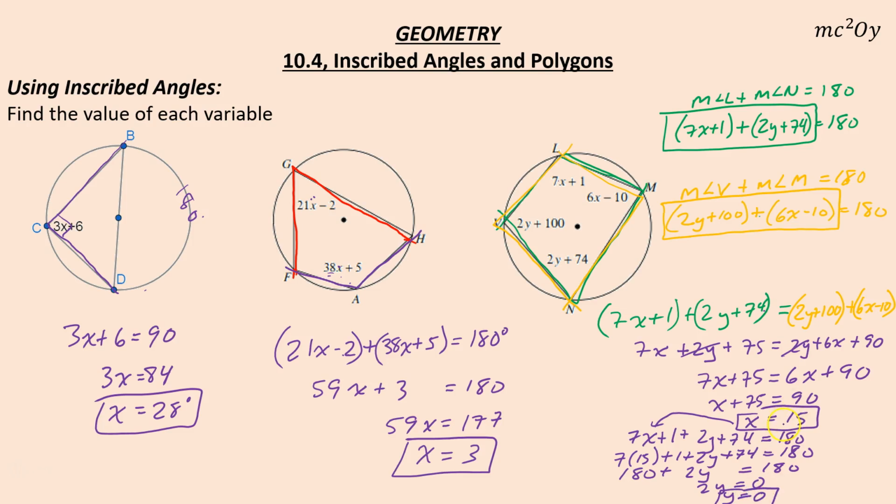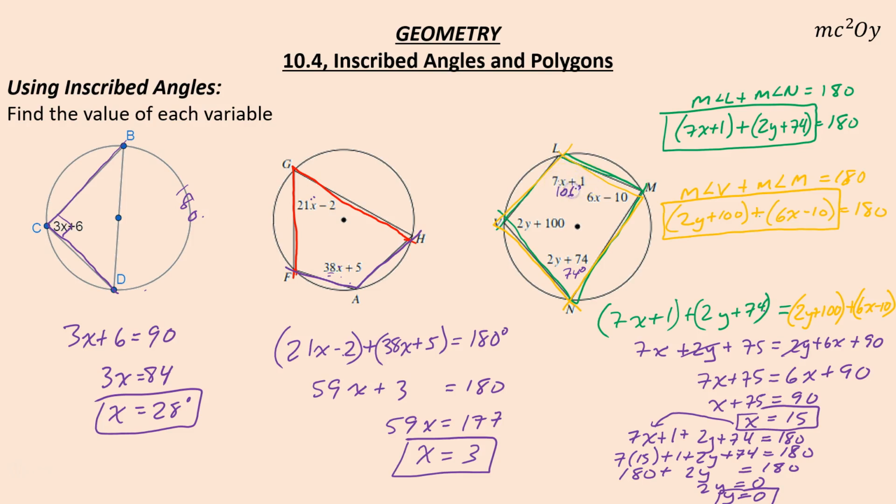It looks like x is 15 and y is 0. Now, anytime I get 0 as a number, I double check it, but that is actually the case here. If you substitute y in, 2 times 0 plus 74 is 74. That would make this angle 74. And substitute 15 in, 7 times 15 is 105, plus 1 is 106.